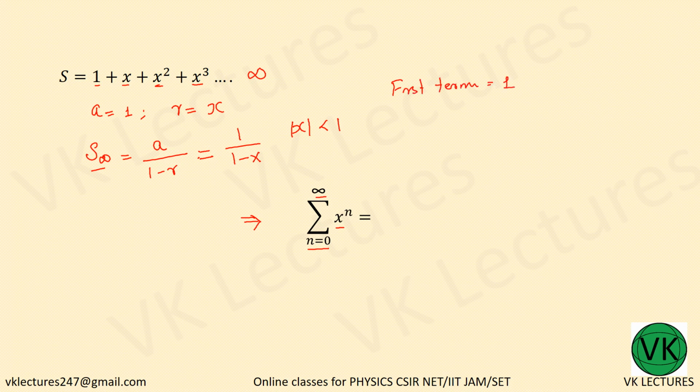So this is the same as our series. So you can write sum over n equal to 0 to infinity of x to the power n equal to 1 divided by (1 minus x). Please remember this. This is a very important formula. This we would be using in EMT as well as statistical mechanics.